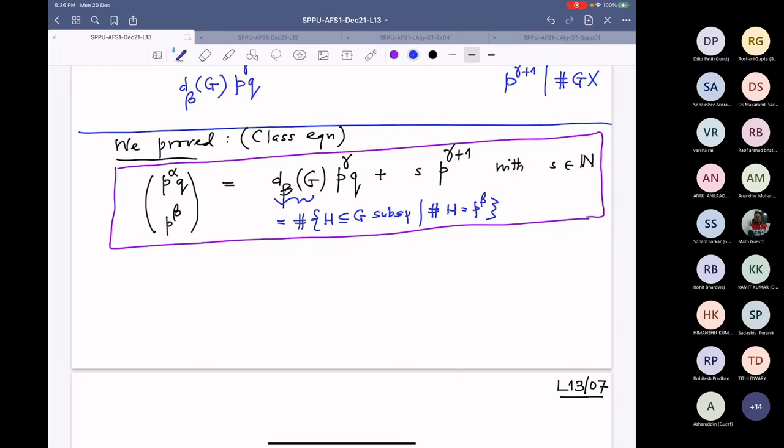Now, this is the high point. Now I want to apply this for G equal to the cyclic group of order n.